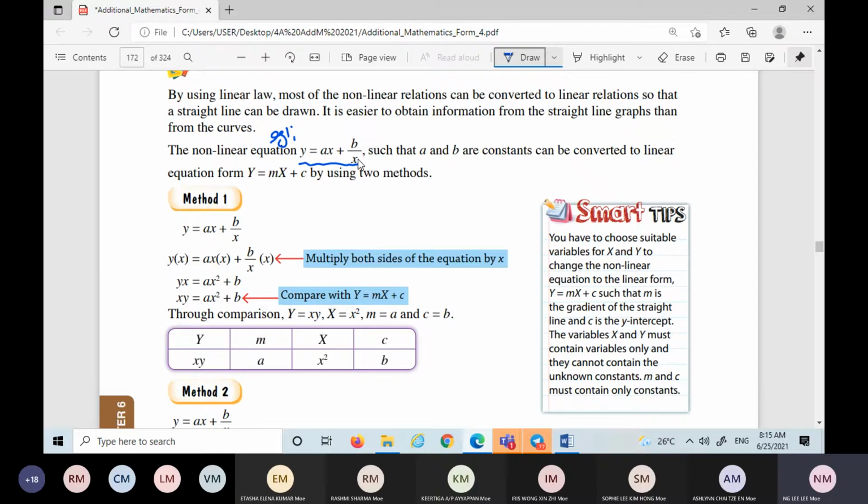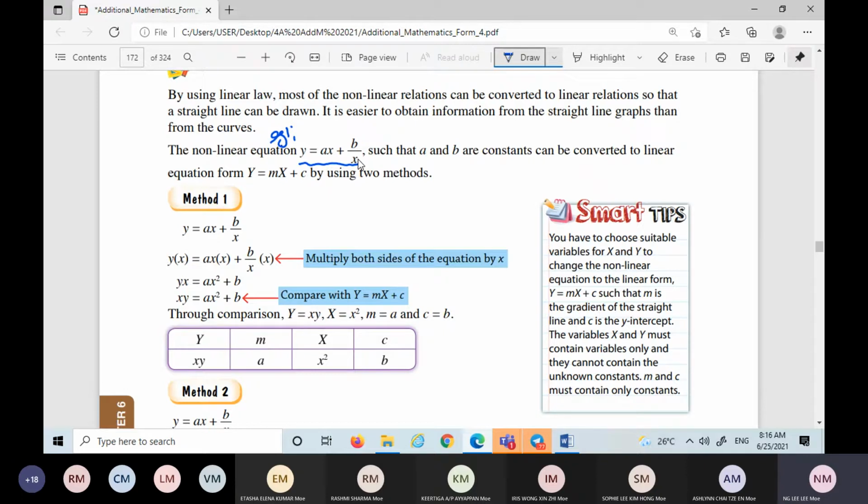Okay, look at this first example. This example shows you it can be converted to a linear equation in the form of y equals mx plus c, where X and Y are capital letters, by using two methods. Not only one method, actually it can be more than two, but here they show you two methods. This is because the question didn't give you enough information.